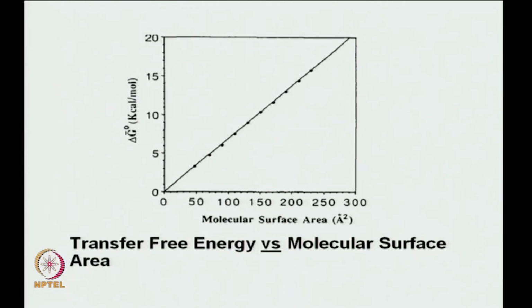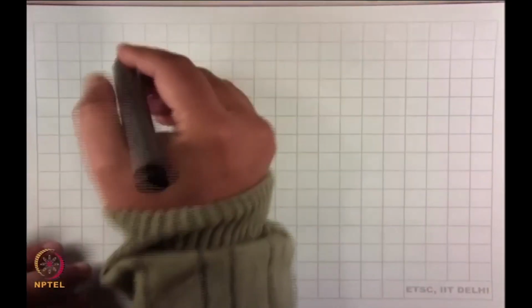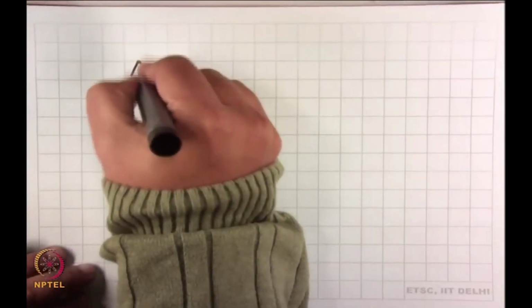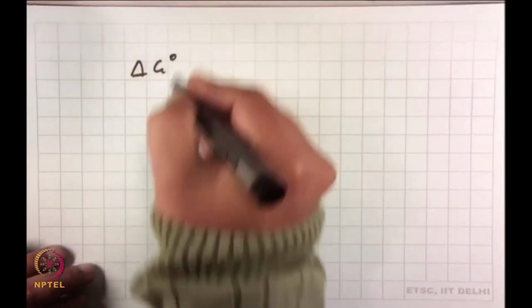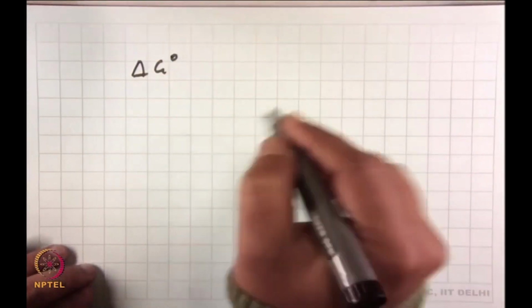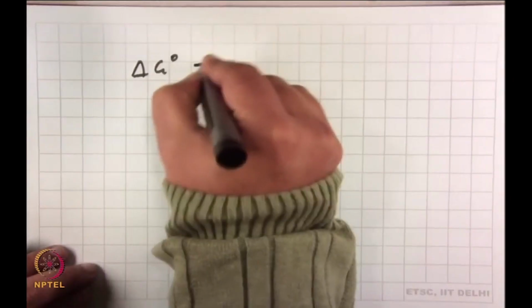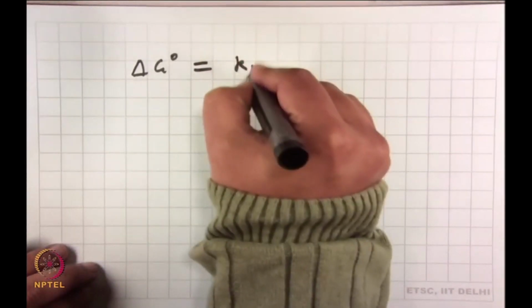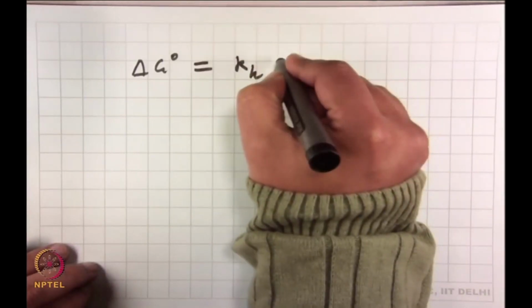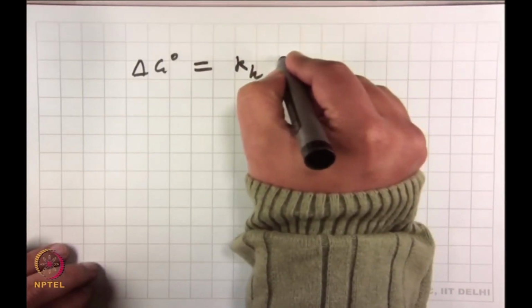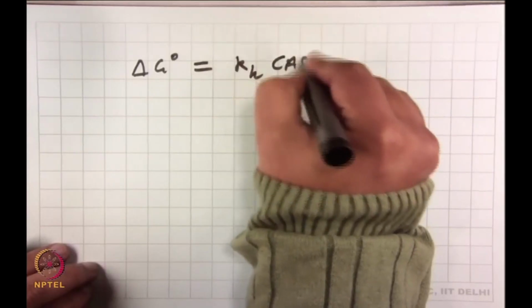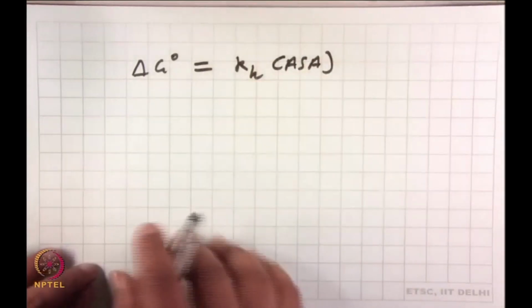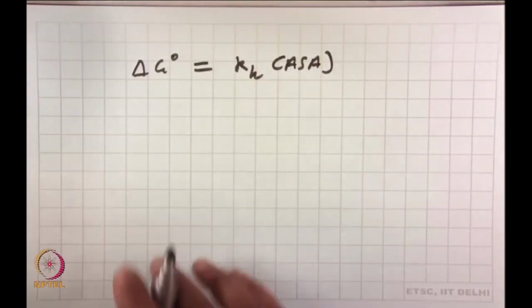So, based on this, what we can write is, now I will use the sheet. We can write delta G 0, this is my transfer energy, right, delta G 0 is equal to kh times the accessible surface area, kh times accessible surface area.